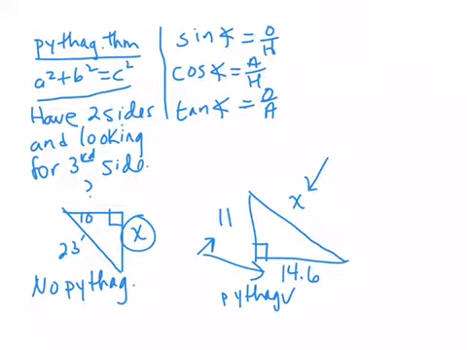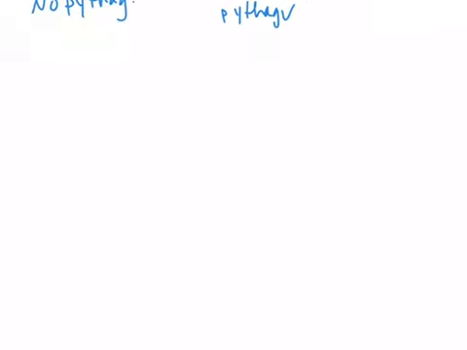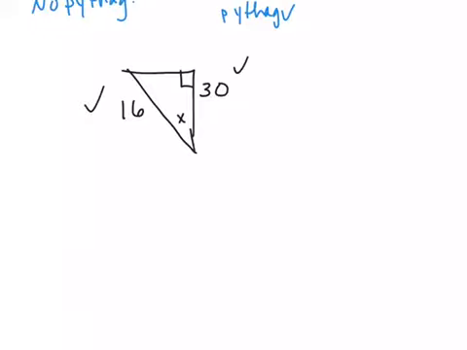All right, let me move this up out of the way. I'll do just a couple more. Let's say we have this right triangle, and this time we know that this is 16, this is 30, and we're looking for the angle. A minute ago I said that for the Pythagorean theorem, you have to have two sides, and we have to be looking for the third side.